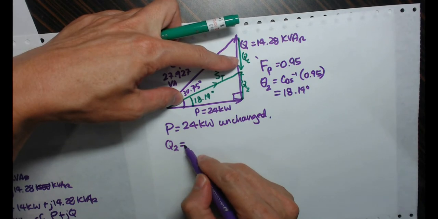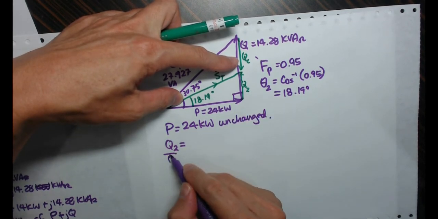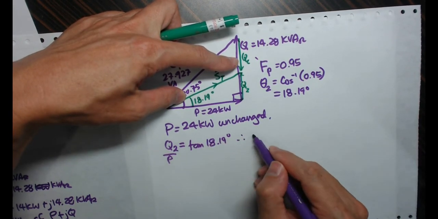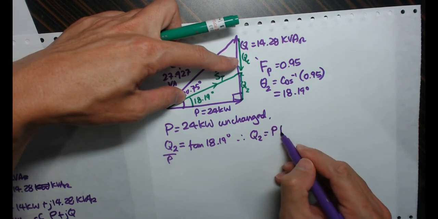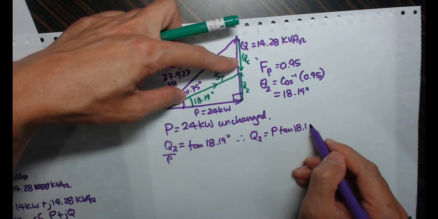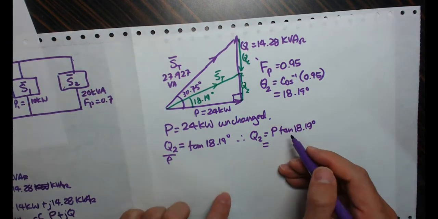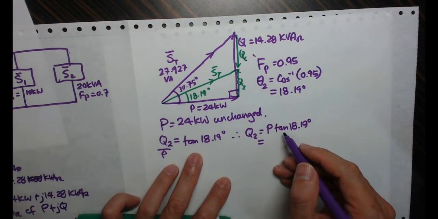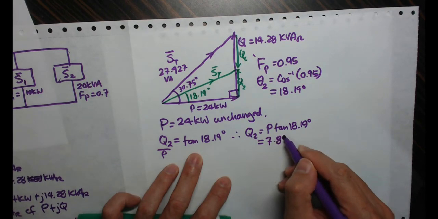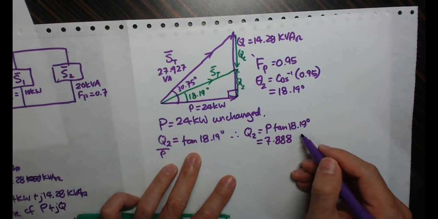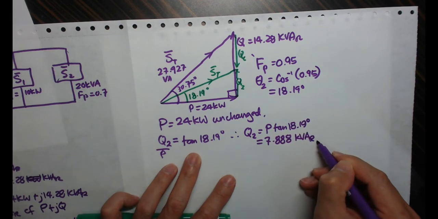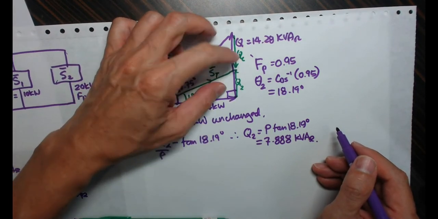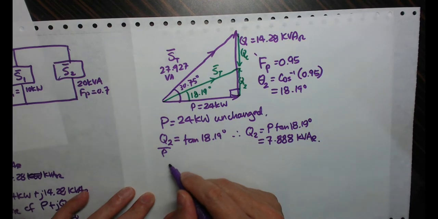Now if I look at this little triangle here, I can then find my new Q2. Q2 divided by P is tangent of the new angle 18.19 degrees. Therefore my Q2 is equals to P tangent of 18.19 degrees. That's equals to 24 kilowatt times tangent 18.19, that will be 7.888 kVAR. Right, that means I want to achieve this. So the QC I need to introduce must be balanced off by that, right?